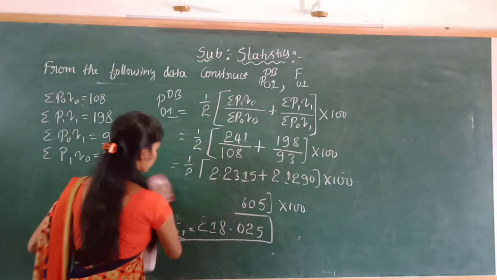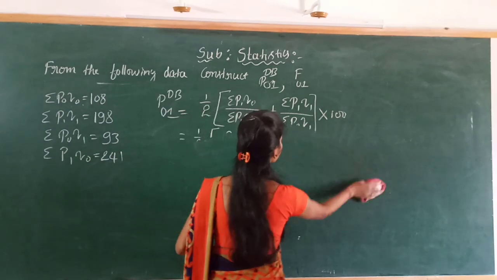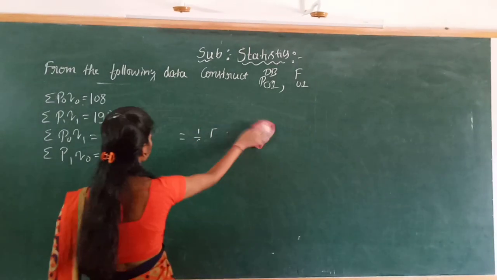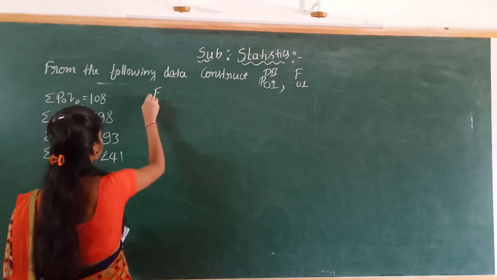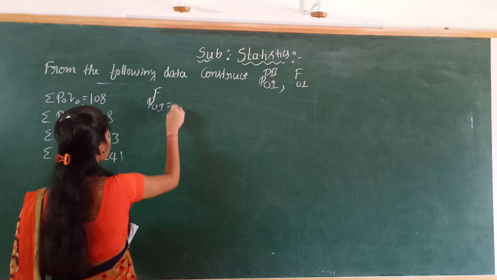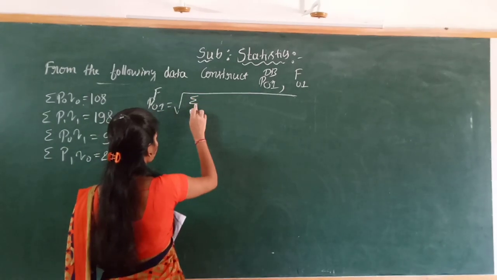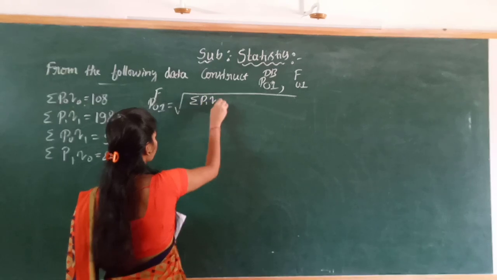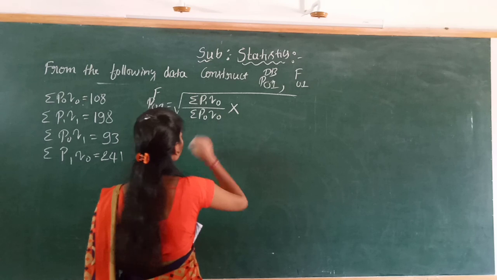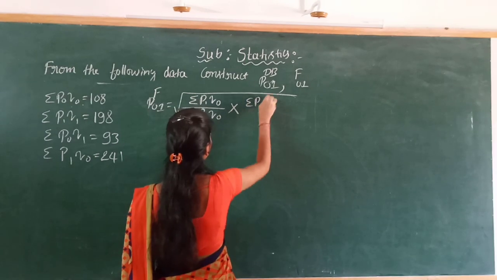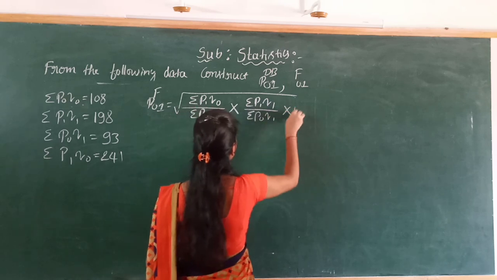Next, another one, that is Fisher's price index number. What is the formula for calculating Fisher's price index number? That is the square root of summation P1 Q0 divided by summation P0 Q0 into summation P1 Q1 divided by summation P0 Q1, into 100.